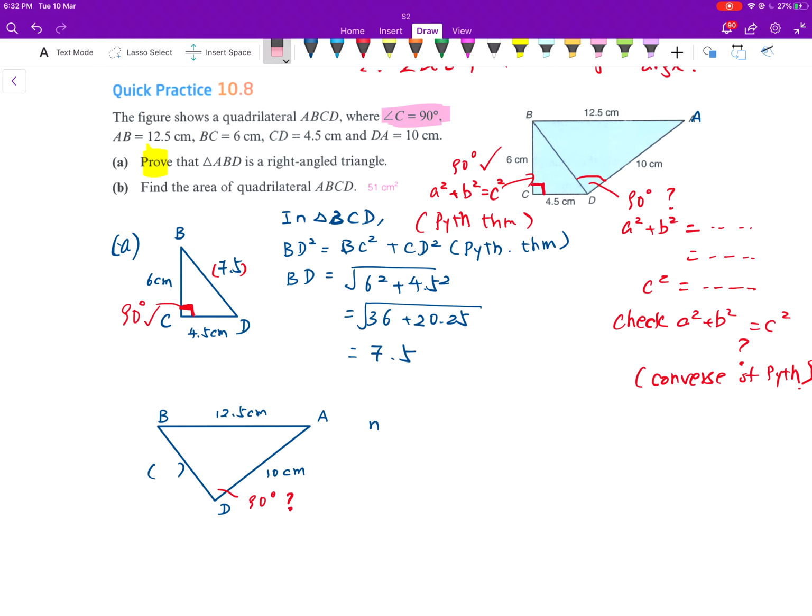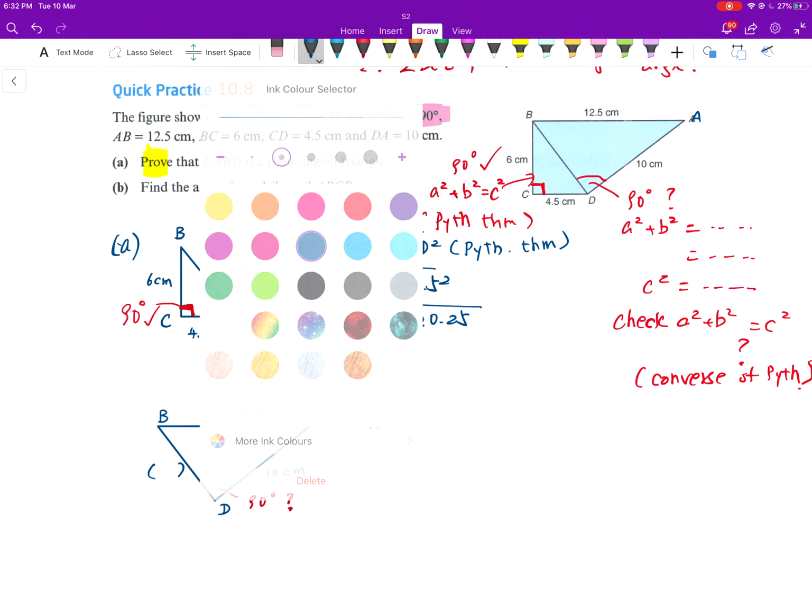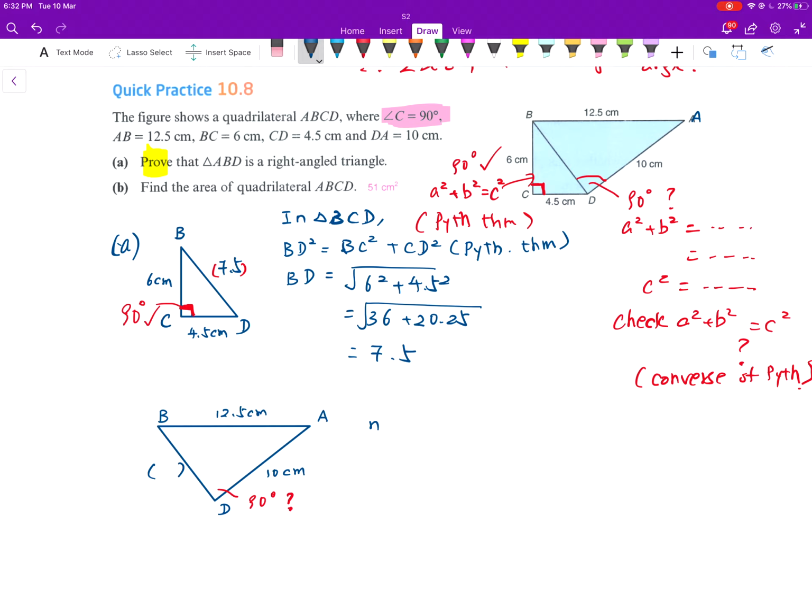After we have found BD equals 7.5, in triangle BAD, now we need to check if this one is 90 degrees.